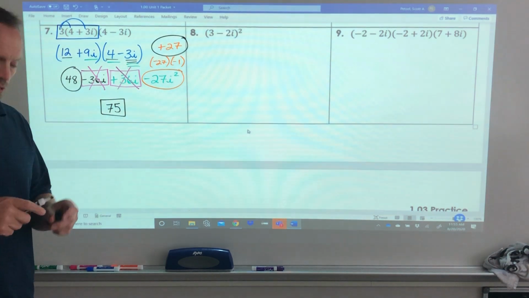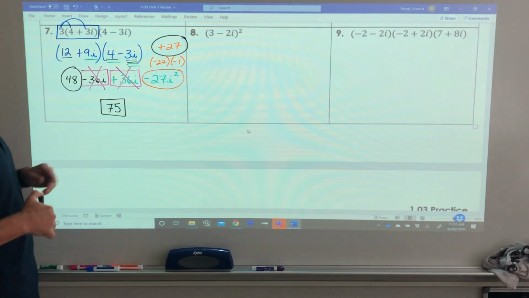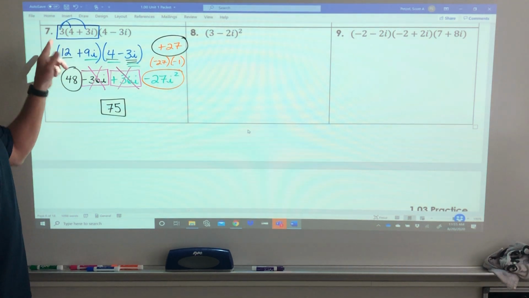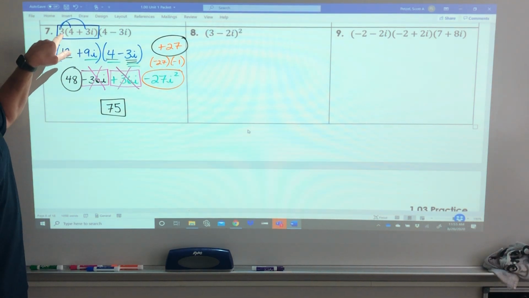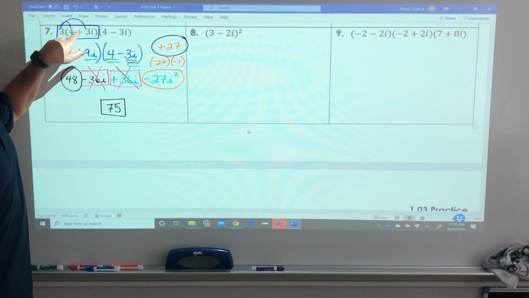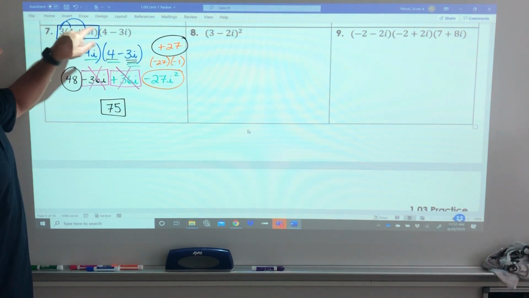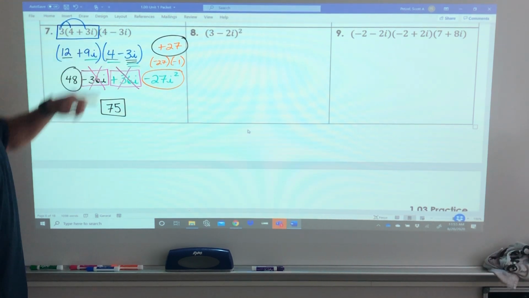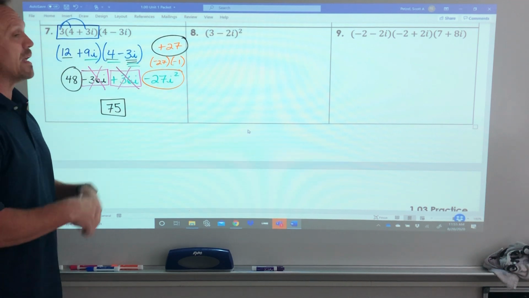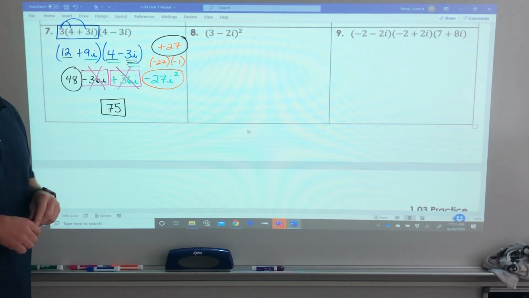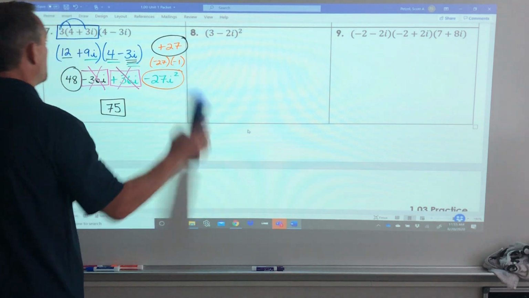There's no imaginary part. So what you just saw there is the fact that we multiplied a monomial, a real number, times a complex number times another complex number, and we ended up with a real number. It is very, very possible.